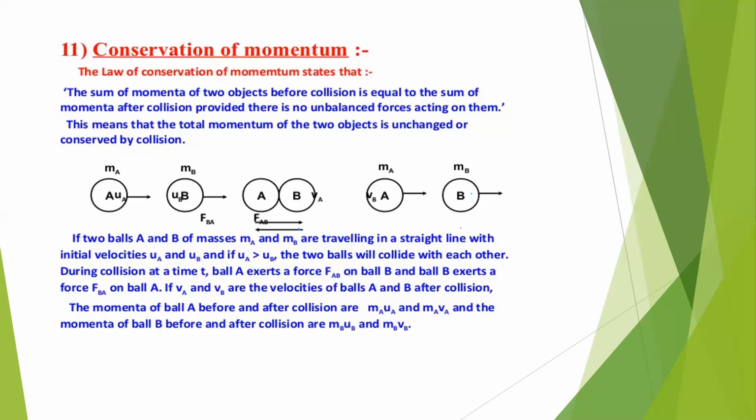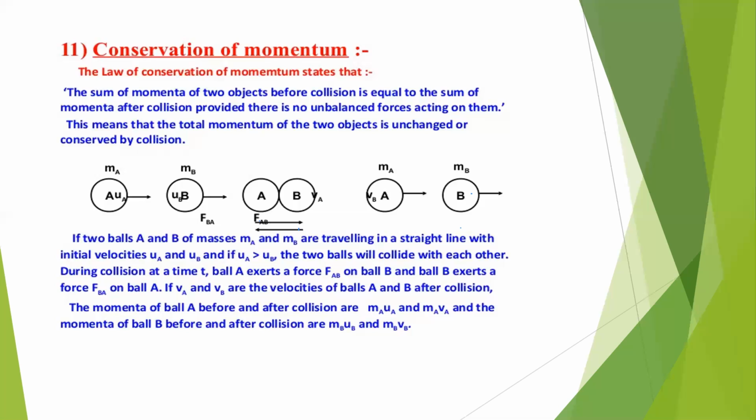The momentum of ball A before and after collision is written as follows. Understanding this is important to understand the derivation. The momentum of A is MA UA before collision, because before collision the velocity is UA. After collision the velocity changes to VA, so the momentum of body A becomes MAVA.